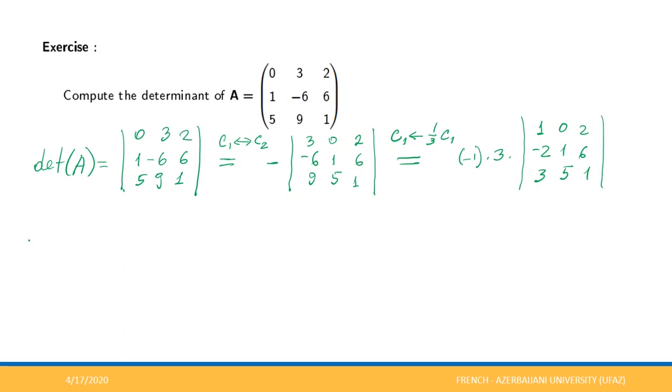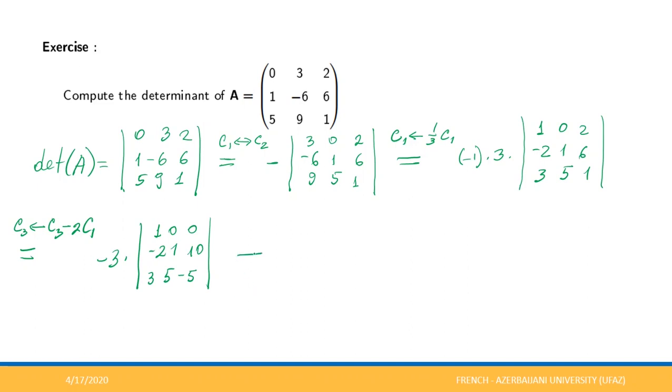This is equal to, here I will use this elementary operation. Instead of third column, minus 2 times first column. You know, if we use this elementary operation, then the value of the determinant will not change. Because of this, we write minus 3 times the determinant of 1, 0, 0, minus 2, 1, 10, 3, 5, minus 5.